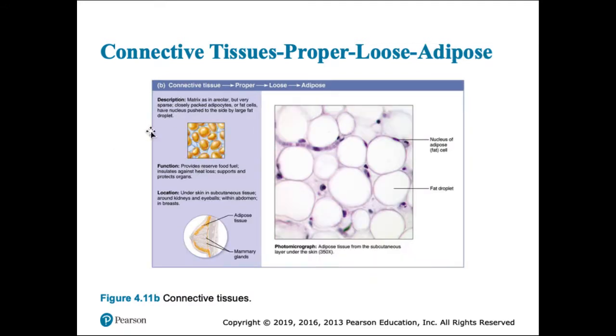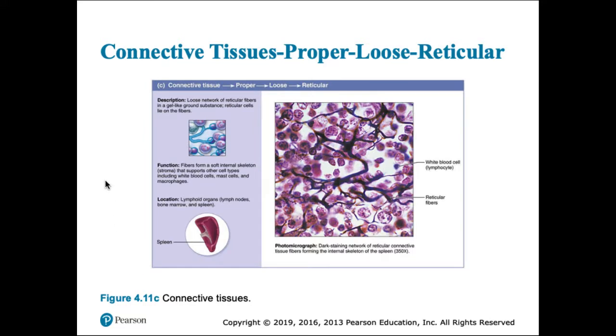Then you have this adipose tissue. So basically you can see what that looks like under a microscope. Of course, it reserves food, also provides protection and insulation against heat loss as well. Located under the skin, and so you can kind of see that adipose tissue underneath the skin there. Pretty much found in lots of different areas as well.